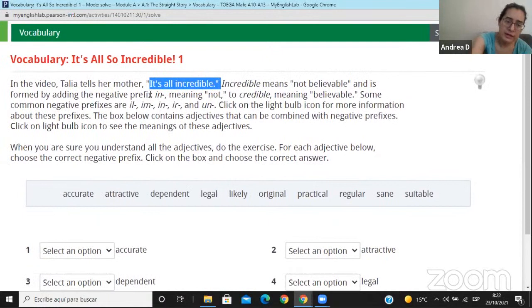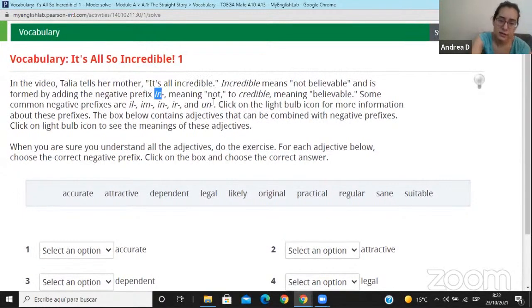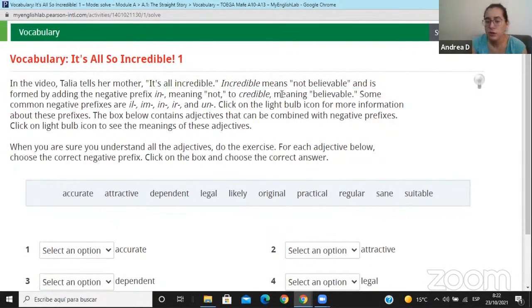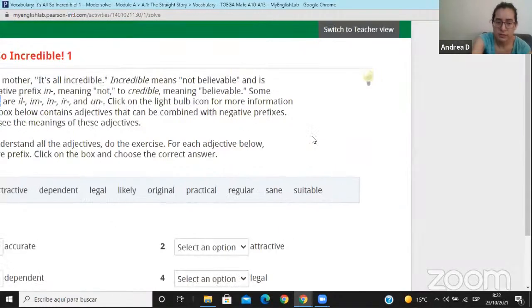It's formed by adding the negative prefix in, which means not, and then credible, which means believable. The same way you could say unbelievable, right? Incredible, unbelievable. Sometimes words have these negative prefixes like il, im, in, ir, and un. So we're going to see some of them and what they mean.